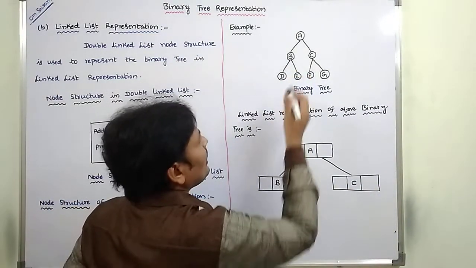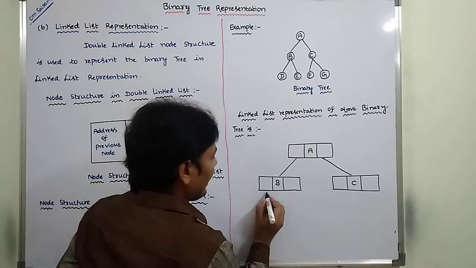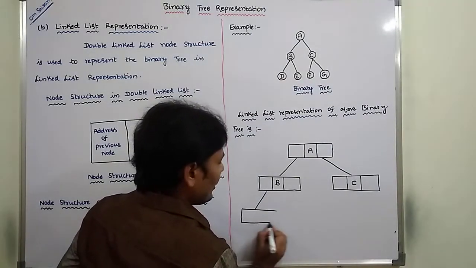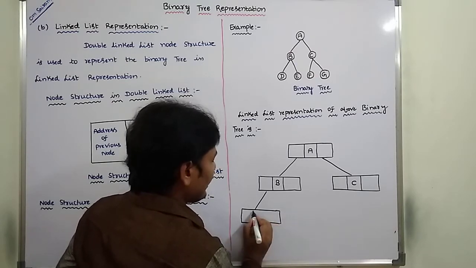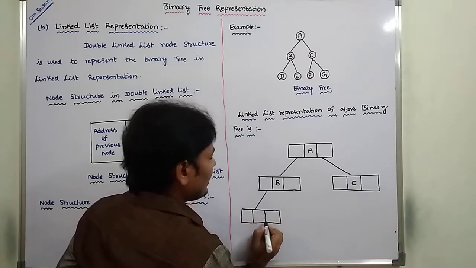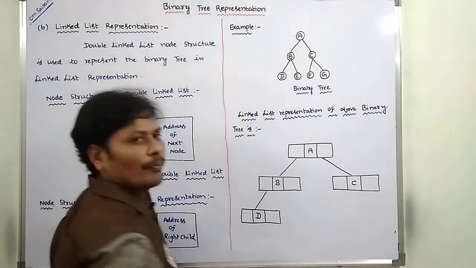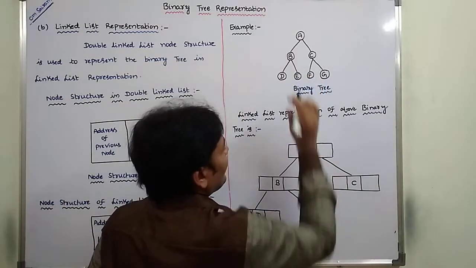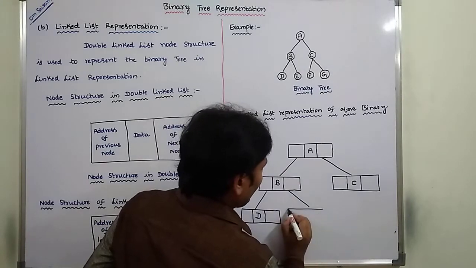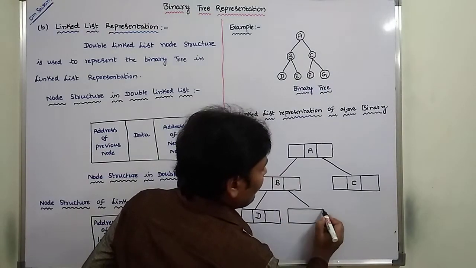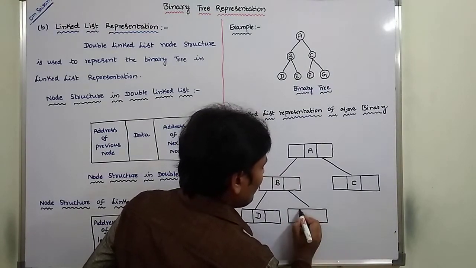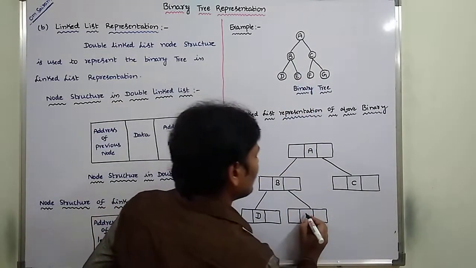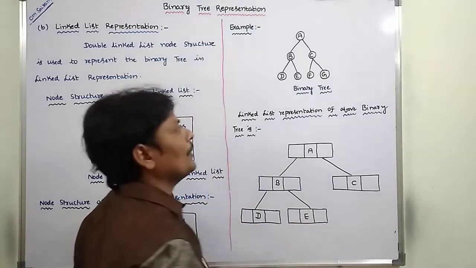Okay. Next one, B left child is D. Here we have to create a node. It contains three cells. The middle cell contains the node value. Okay. Next, B right child is E. Now we have to create a node with three cells. The middle cell can contain the node value, that is E. Okay.